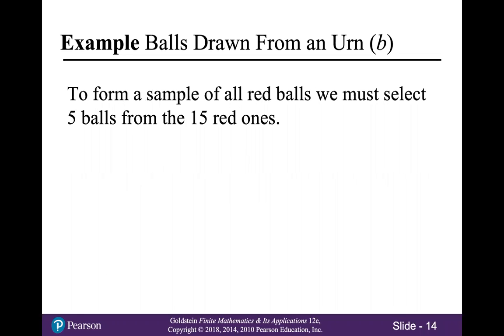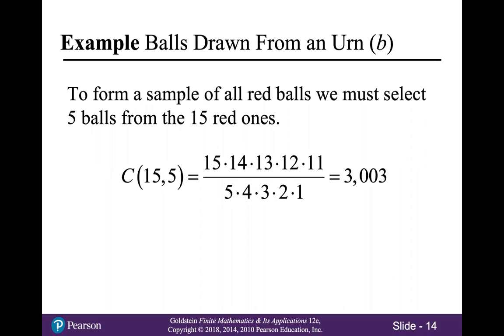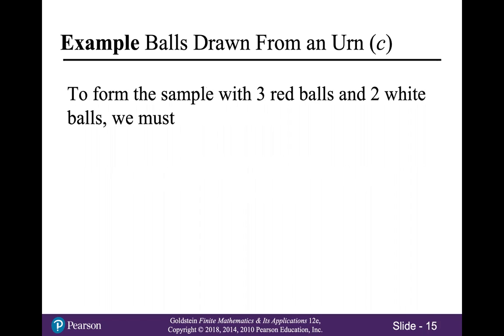Because all of the other questions are specific ways of selecting 5 balls. For example, in letter B, they want to know how many ways there are to make a sample of only red balls. In that case, we would select 5 balls out of the 15 red, which is 15 choose 5. That comes out to 3,003. And then finally, this is a really useful problem. This trick is going to come up again and again.